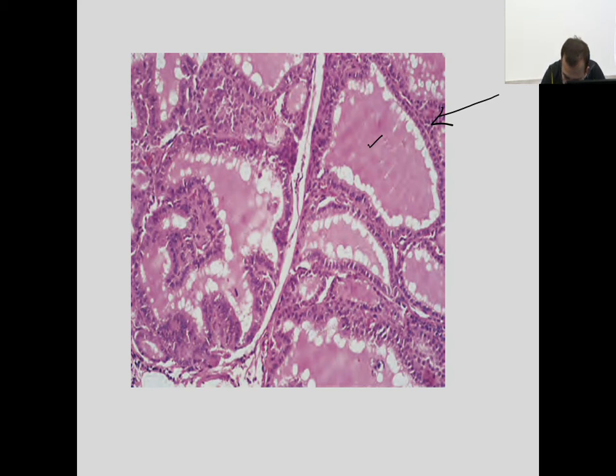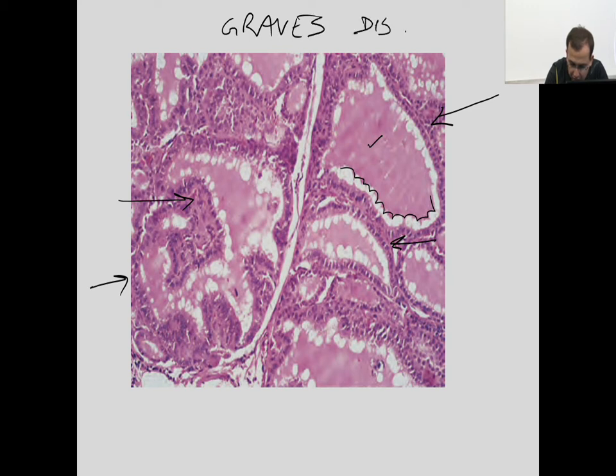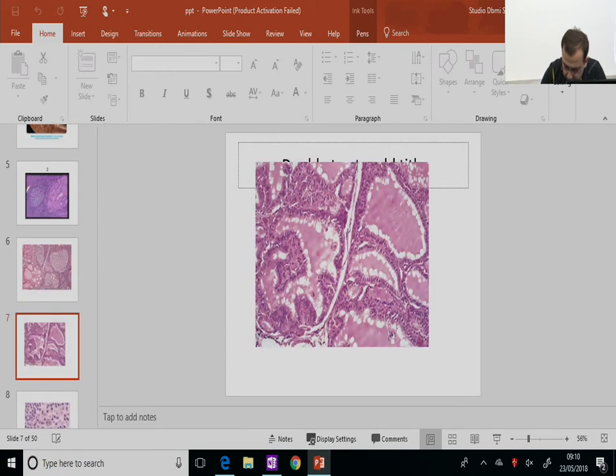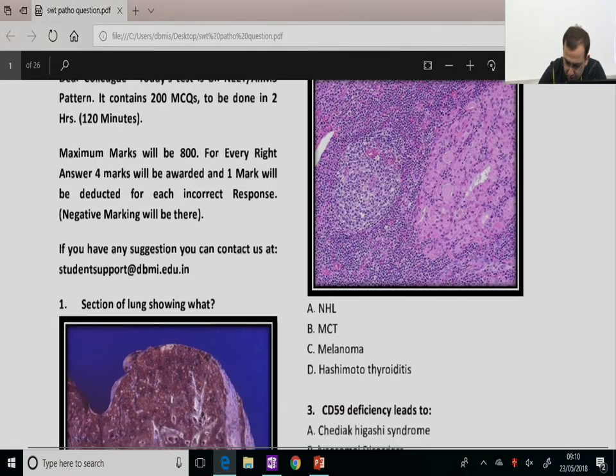The point to be noted here is that there are clear white areas right next to the thyroid follicular cells, seen in all the thyroid follicles, called scalloping of colloid, seen in Graves' disease. Done. This gets us to the next question, question number 3.